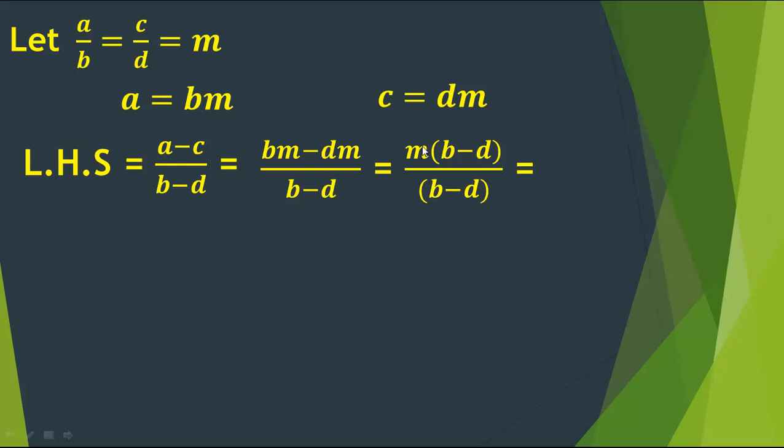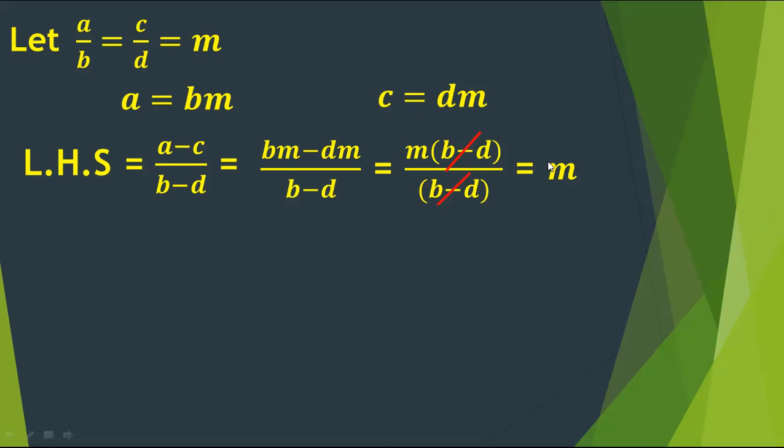If M multiplies the bracket, then cancel this bracket with this bracket, so the remainder will be M. Then finally, after simplifying, we reach LHS equals M.